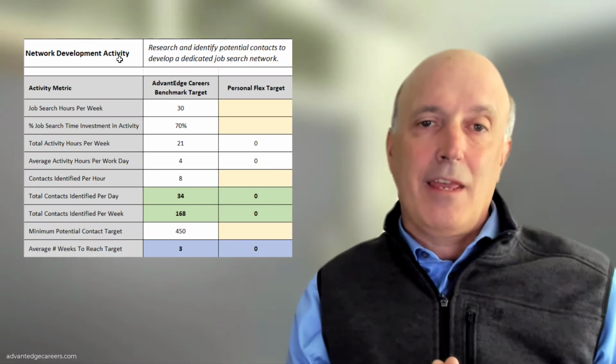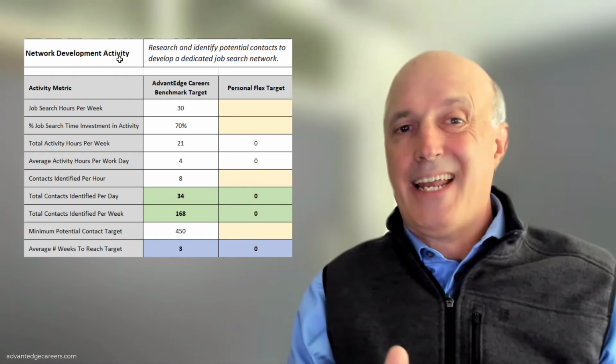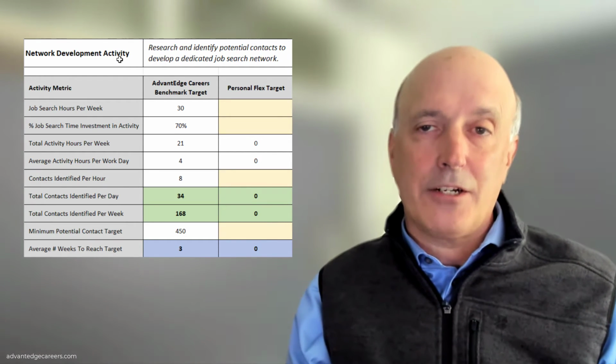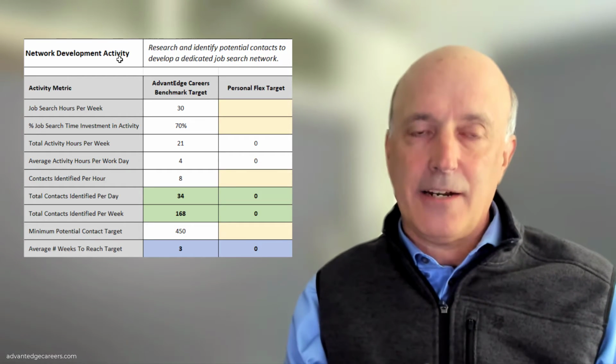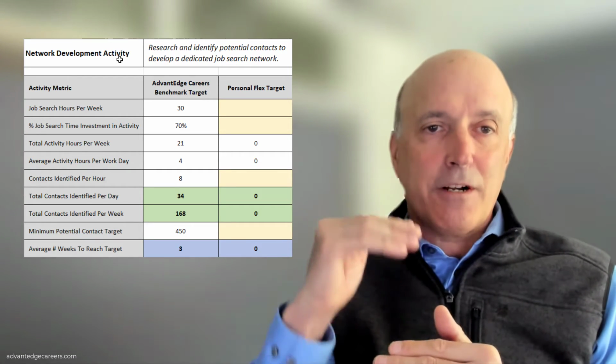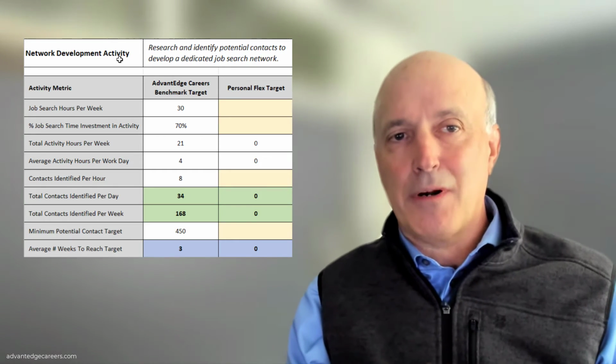In Chapter 10 of my Navigator Guidebook, I include a tool that calculates the time and the schedule for building your network based on the number of hours that you personally can invest in your job search every week. For example, if you're in between jobs and dedicating about 30 hours per week to your job search process, you should be able to research and identify up to that 450 potential contact number within about 3 weeks.